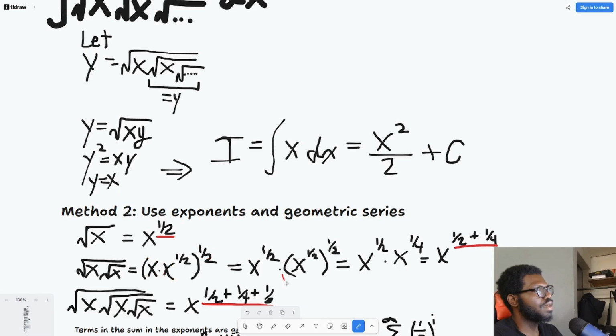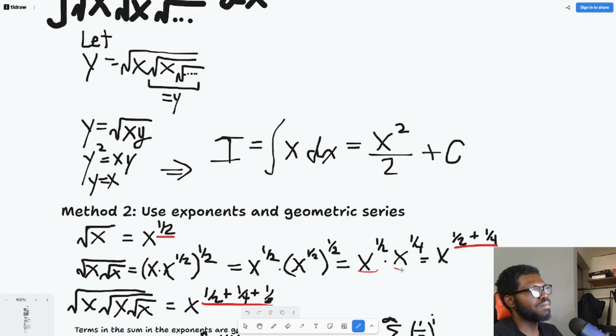To simplify the second factor, we use another property of exponents where you multiply the two exponents, which gives us x to the 1/4 power. So we end up with x to the 1/2 power times x to the 1/4 power, which is equal to x to the 1/2 plus 1/4 power.